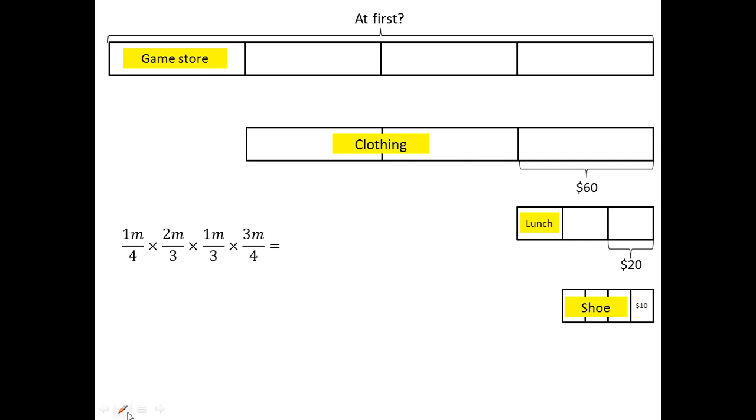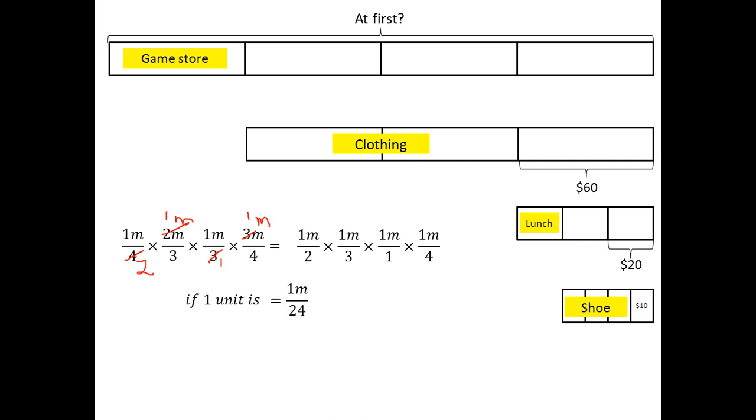And then we can simplify it. This becomes 2, so 1M. And this becomes 1, this 1M. Are we done? Yes. So we have 1M per 2 times 1M per 3 times 1M per 1 times 1M per 4, and then just multiply it as usual.